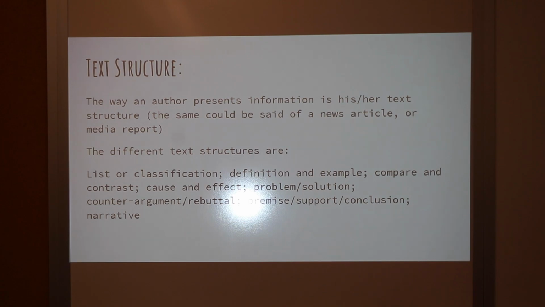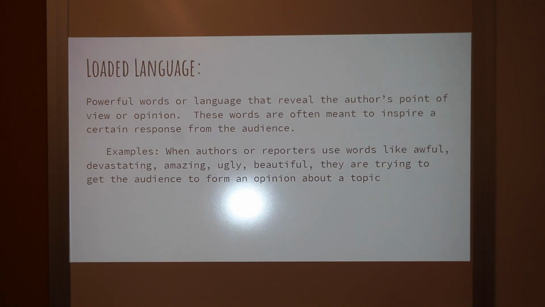There are different types of text structures that are used, such as list or classification, definition and example, compare and contrast, cause and effect, problem solution, counter argument or rebuttal, premise, support and conclusion, or a narrative. All of these text structures can be used to present some kind of bias.